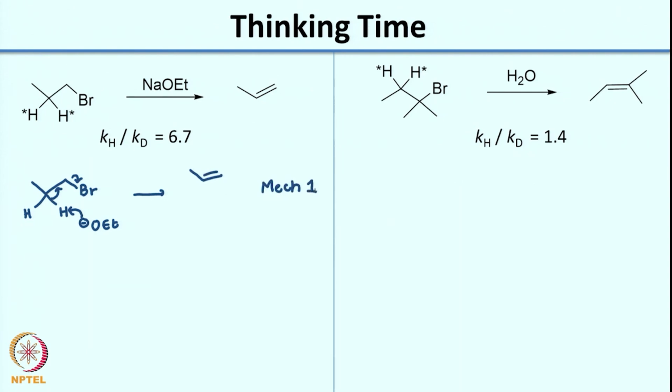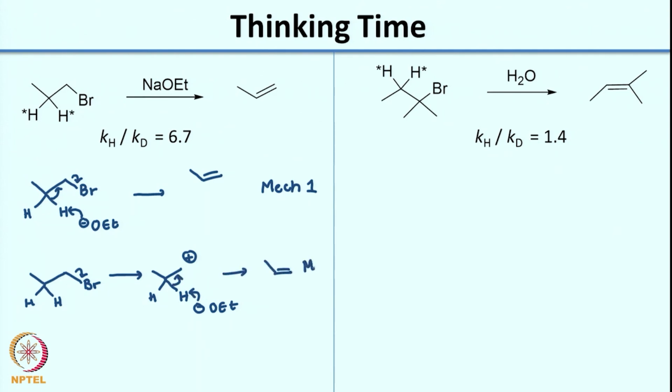Let us think of another mechanism where in the first step you have formation of a carbocation, and then in the second step you have the base abstracting the proton to give you your product.